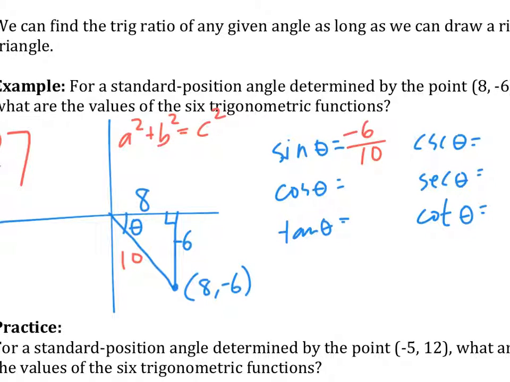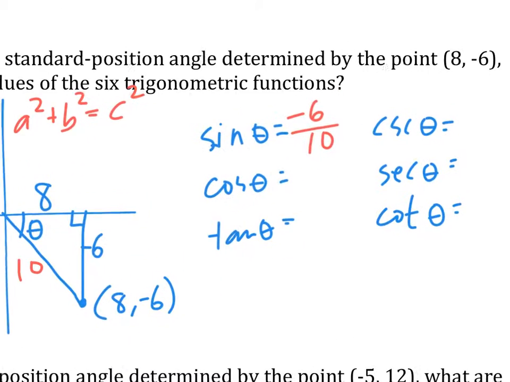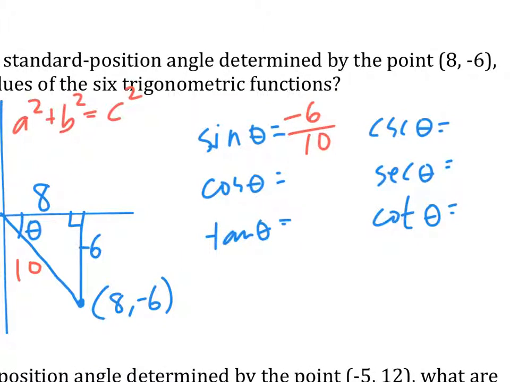Then we figure out two of the sides, 8 and -6, because of where that point is. The diagonal we can figure out by a squared plus b squared equals c squared. That gives us 10. Because the question says they want 6 trig functions, that is sine, cosine, tangent, and all their reciprocals, we just ask ourselves, what are the ratios?